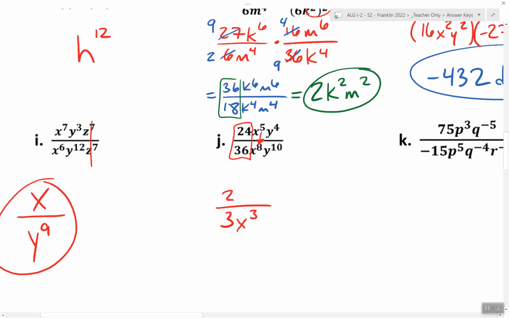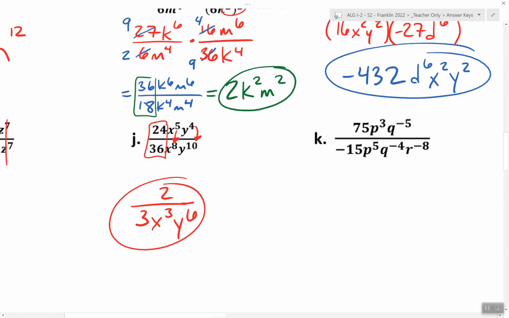Same for the y's. 10 minus 4 is 6, but because the bigger one's on the bottom, that's where it ends up, y to the 6th on the bottom of that fraction bar. And this 2, I'll just center it just so it looks better. So we got 2 over 3, x cubed, y to the 6th. So again, wherever the bigger exponent is, that's where the variable ends up.